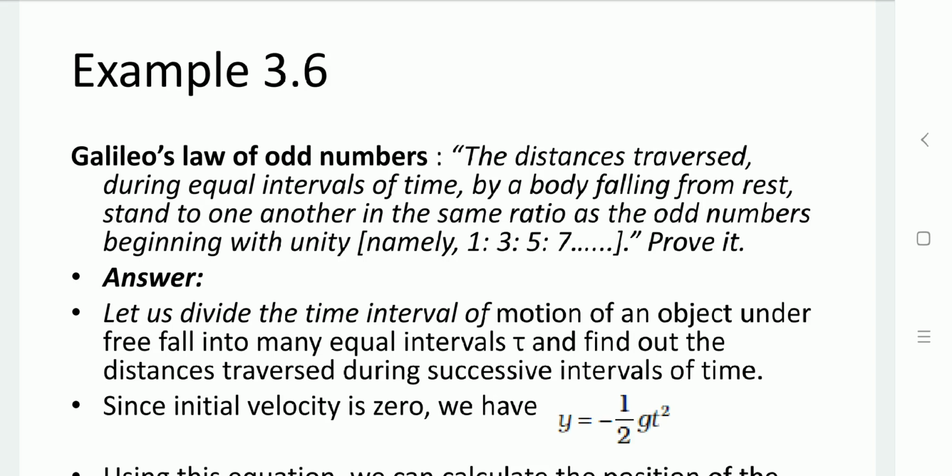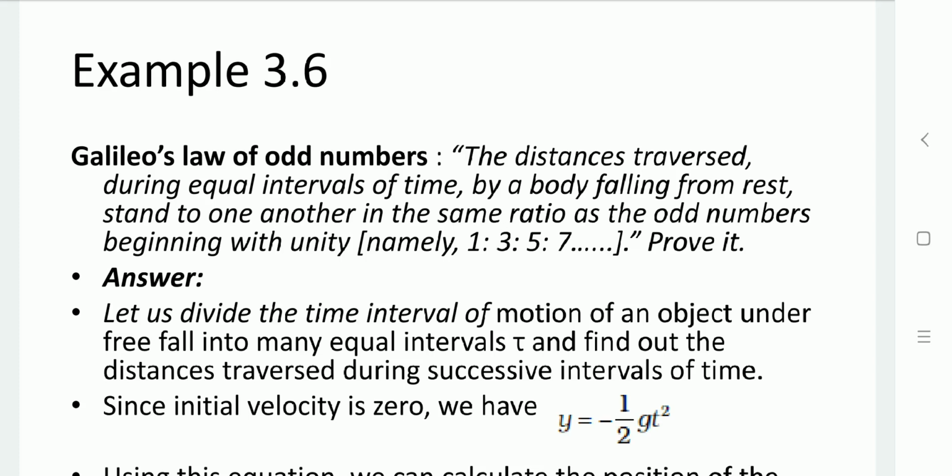So here basically we need to calculate a distance traversed during equal intervals of time. In the earlier free fall session, we have evaluated distance y equal to minus 1/2 gt square. So here, let us divide the time interval of motion of an object under free fall into equal intervals of time.